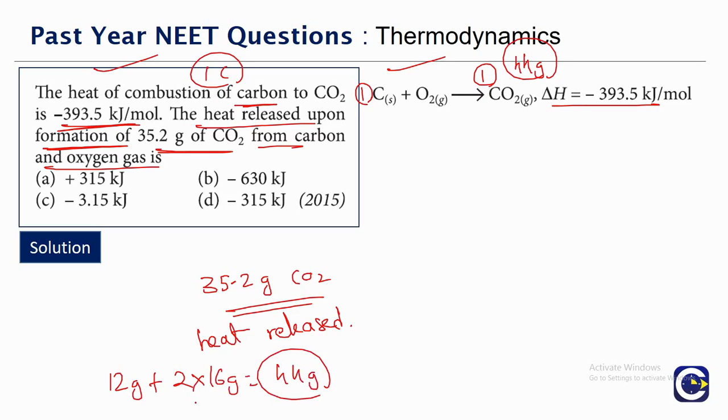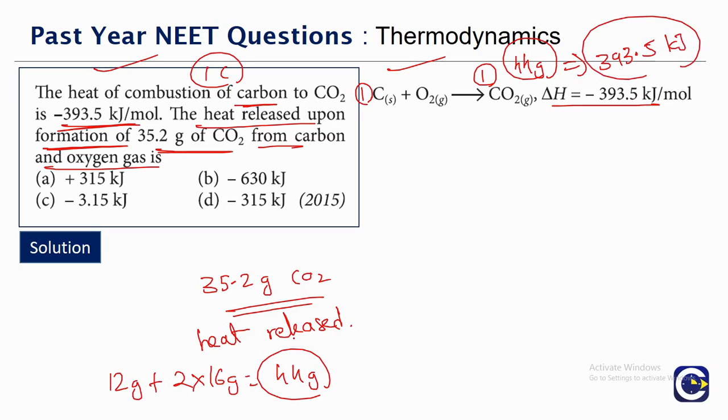That is the molar mass of CO2. So when 44 grams of CO2 is formed, delta H negative means it is releasing energy, how much? 393.5 kilojoules.